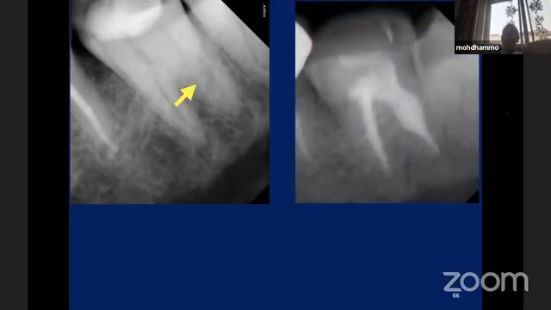Like here, we have internal resorption. The apical part is filled with downpack obturation, and this part we will fill with the gutta-percha gun. With this technique, we can adequately fill the resorption part of this canal.